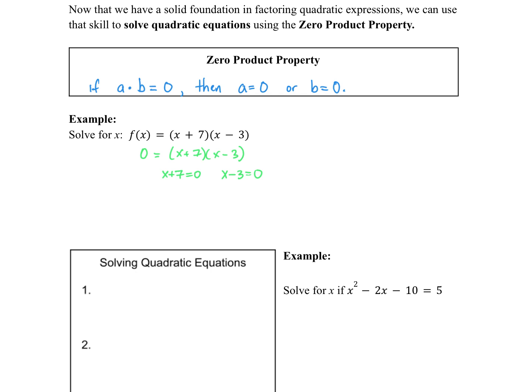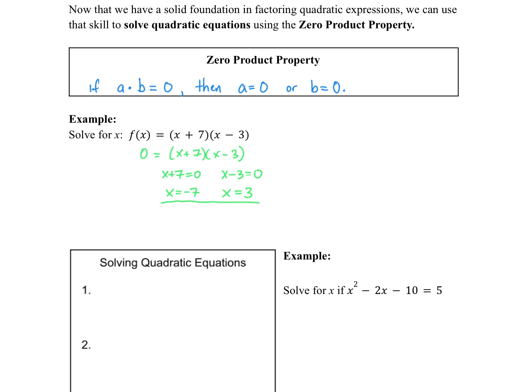So now these are one-step equations, like the very first ones you learned how to do in 6th or 7th grade. I'm trying to get x by itself. I'm going to subtract 7 from both sides. x equals negative 7. And I'm going to add 3 to both sides on the right-hand side, and x equals positive 3.